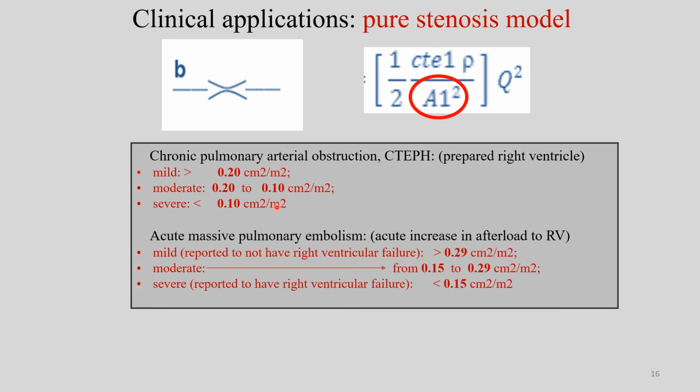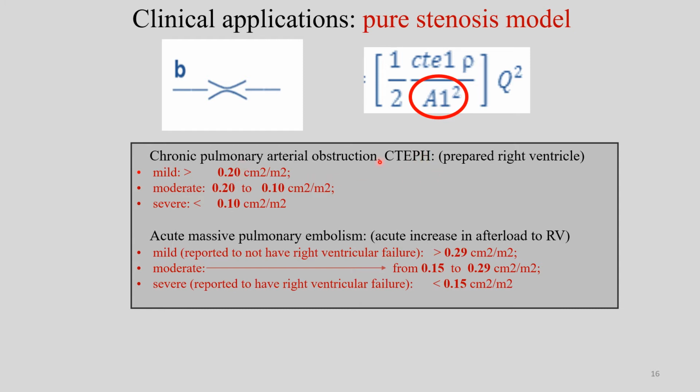Now, if you look at that, comparing to critical areas for aortic or mitral valve stenosis, you are going to see that the critical area for valve stenosis is in the realm of 0.5, and I'm calling here 0.2 mild, above 0.2. So why is that?